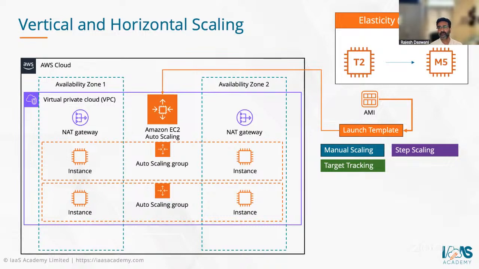So if demand suddenly goes up, if there's a lot of traffic coming in to your application, and CPU utilization on average across the fleet is now 60%, then AWS will deploy an additional EC2 instance so that it can bring it down to 40%. Likewise, if demand has dropped and utilization falls below 40%, AWS will terminate some EC2 instances to bring it back up to 40%.